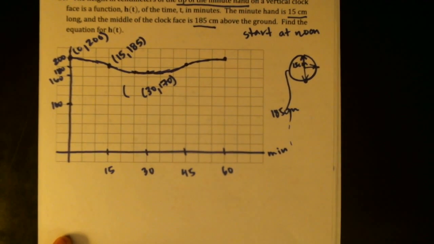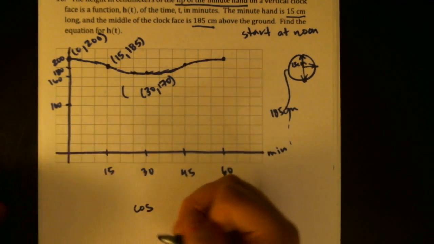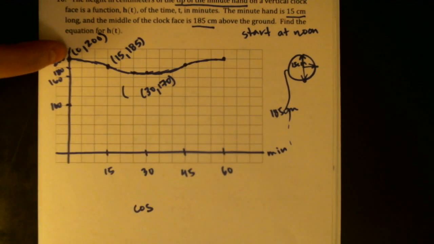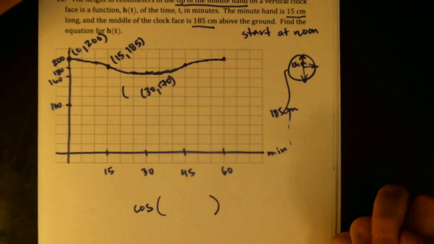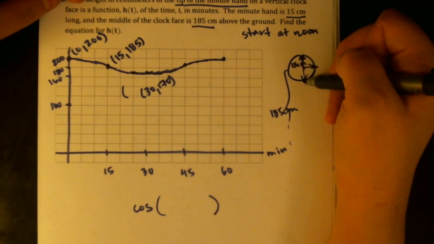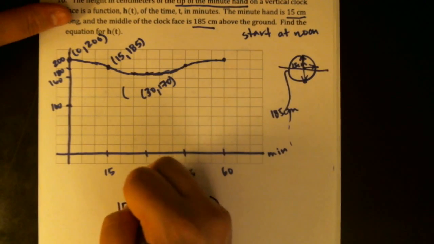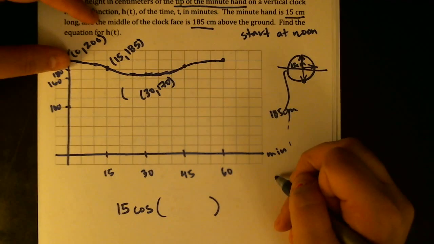So once again, you get to choose between a sine and a cosine. I would choose cosine again here. The graph starts at a maximum, so for cosine I won't have to flip or phase shift. I want the amplitude to be the 15 centimeters. That's how far I go up and down from the middle. So 15 cosine. I want the period to be 60.